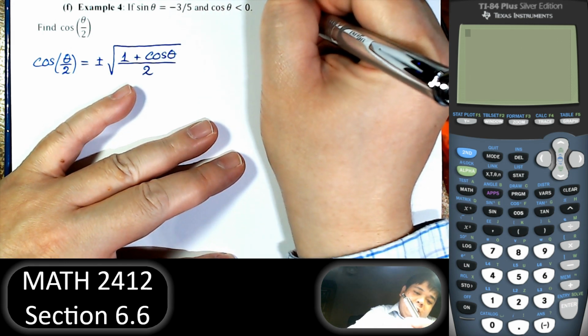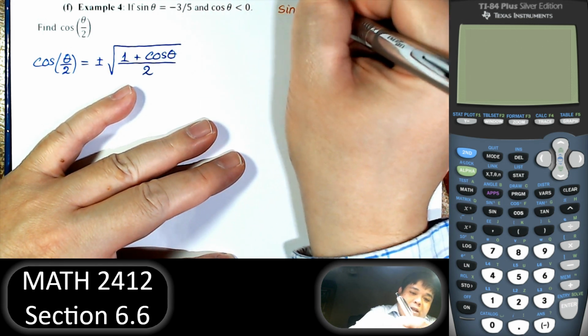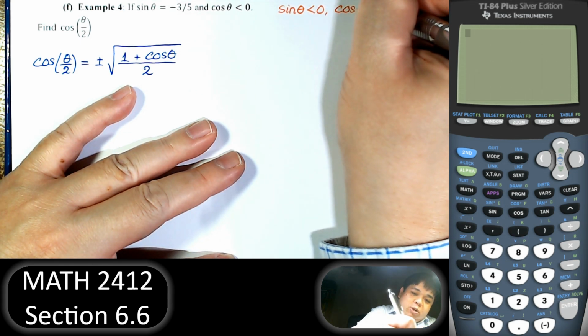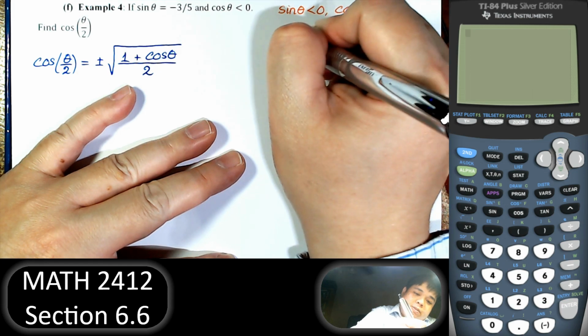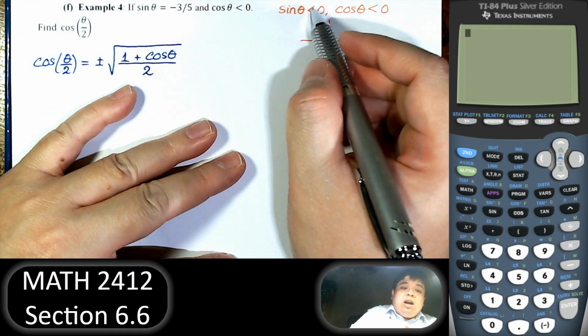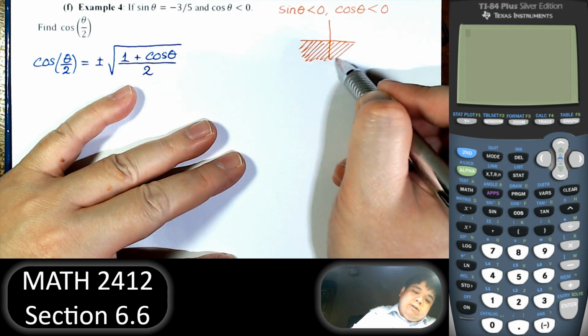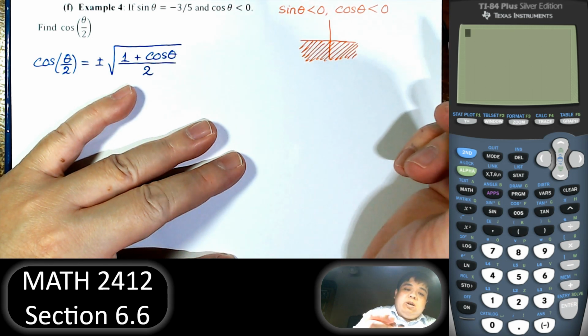So sine is negative and cosine is also negative. So what quadrant is that? Sine is negative, meaning the y value is negative, so quadrant 3 and 4.